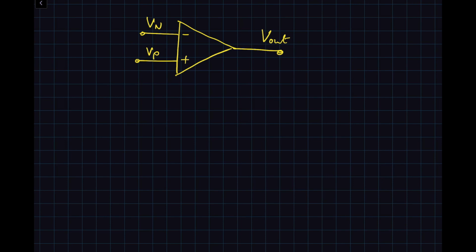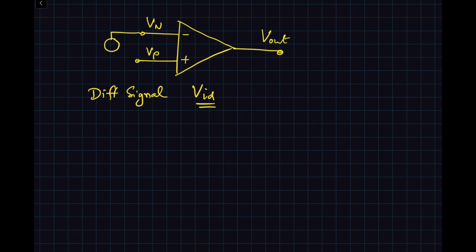Okay, so follow my train of thought. Let's say I would like to apply a differential signal of VID to this amplifier. Then that's pretty easy.